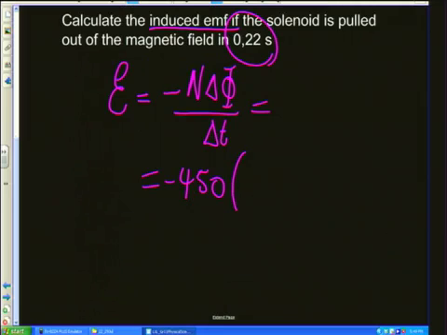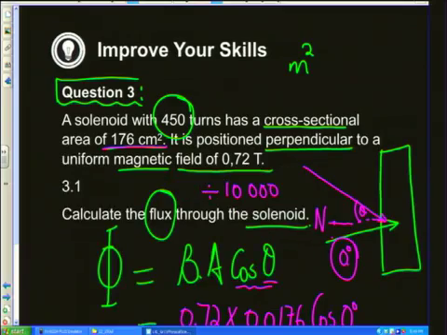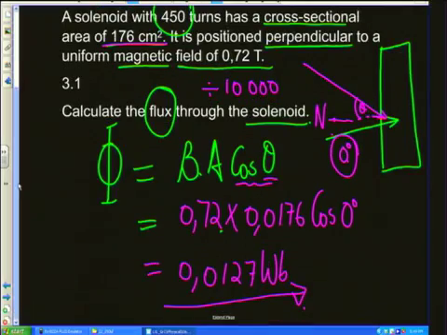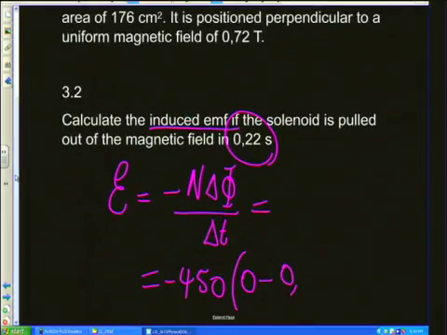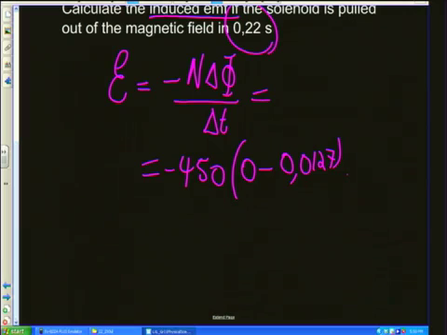So you would say this is 0 minus 0.0127, and that should be divided by the change in time, which is 0.22 seconds.